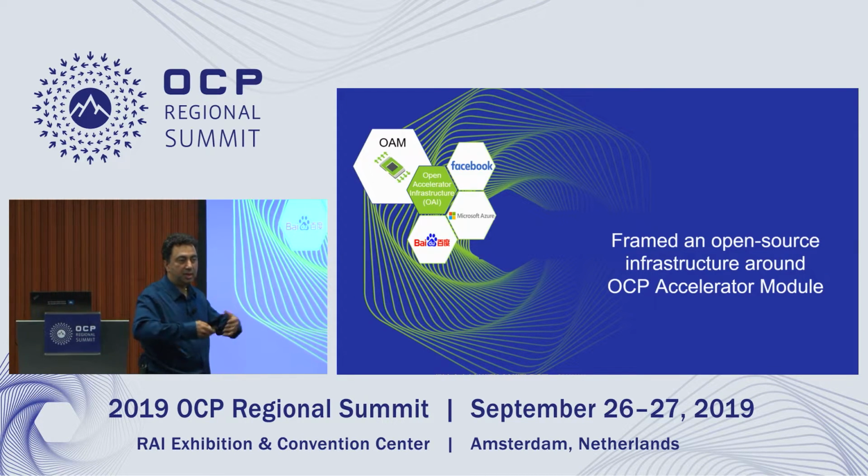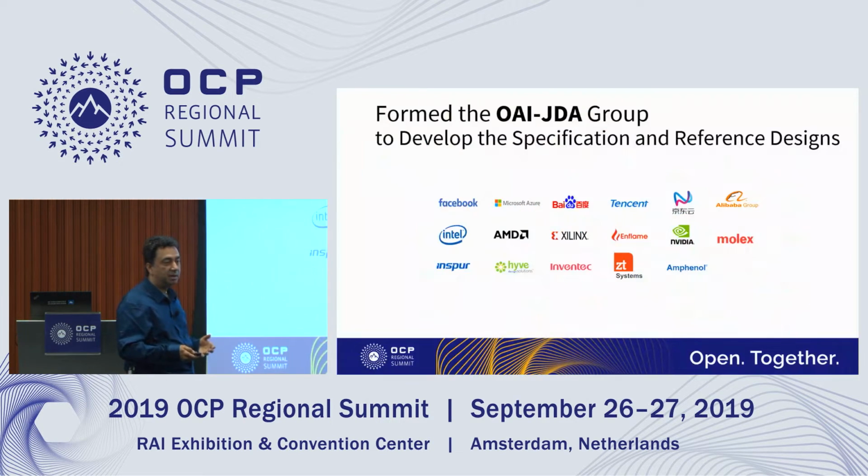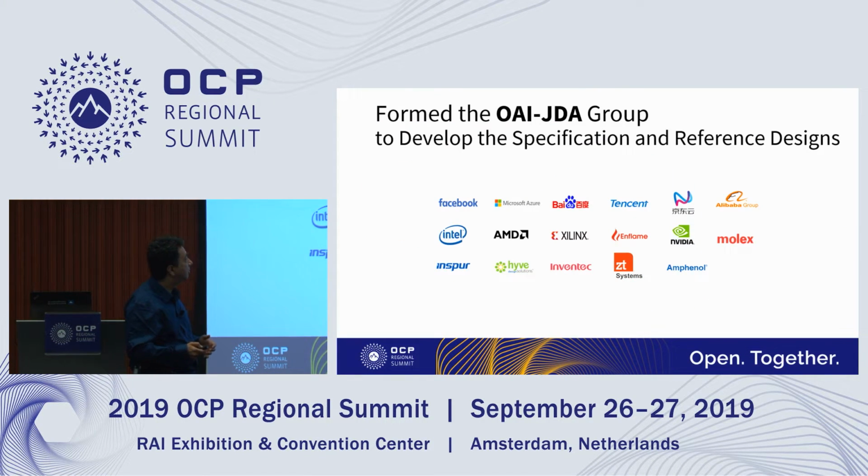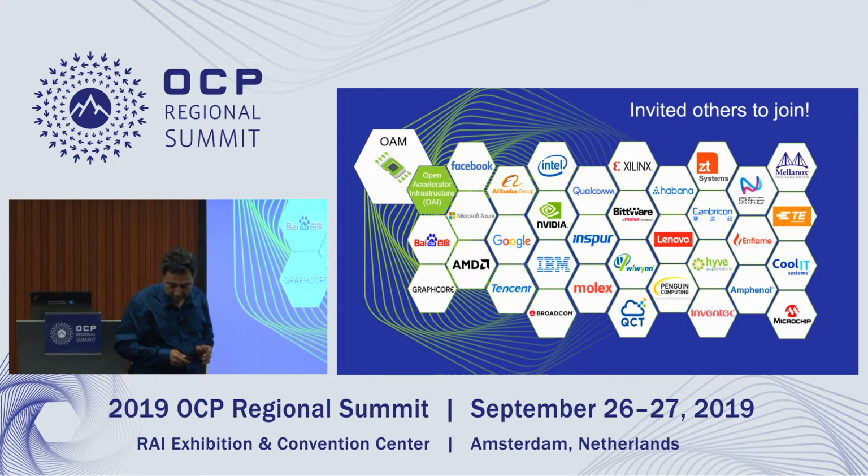So to get organized and approach this problem in a modular way, after submitting the OAM specification, the three companies got together and initiated the OAI. And then we started asking our friends to please join us. And I'm really pleased, happy, and extremely excited that we have a number of companies showing interest in this Open Accelerator Infrastructure.